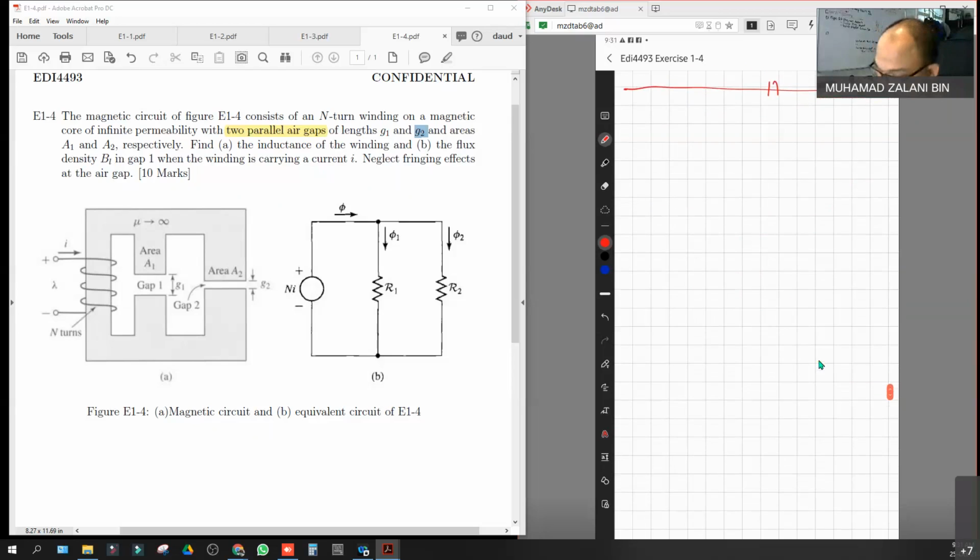So to find inductance, we need to identify the equation that relates the inductance. So we will relate it with flux, flux linkages.